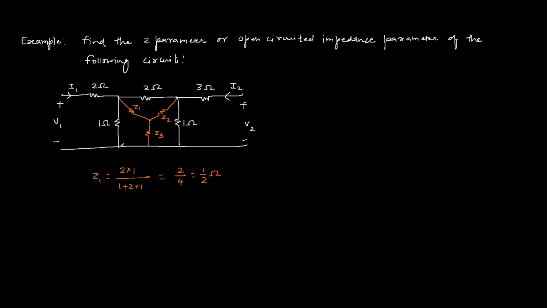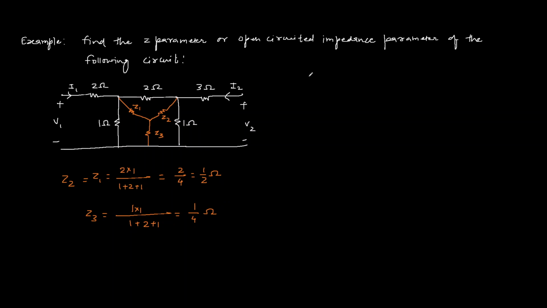Similarly, Z2 is also 2 into 1 over the sum of all impedances. So Z2 is also 1/2, and Z3 is 1 into 1 over the sum of all the resistances, 1 plus 1 plus 2. So this is 1/4.